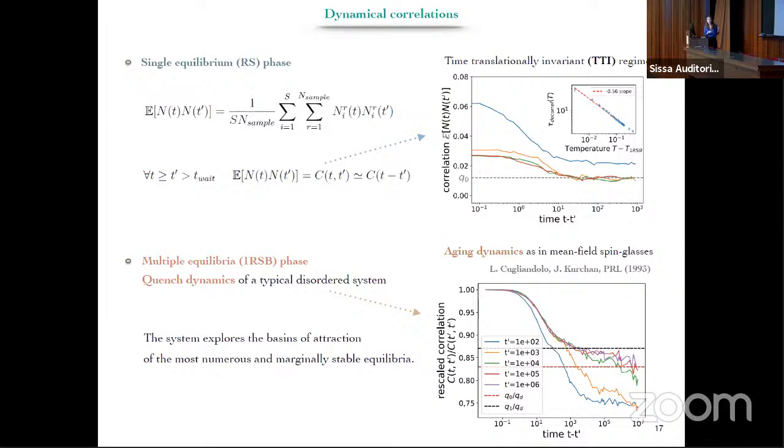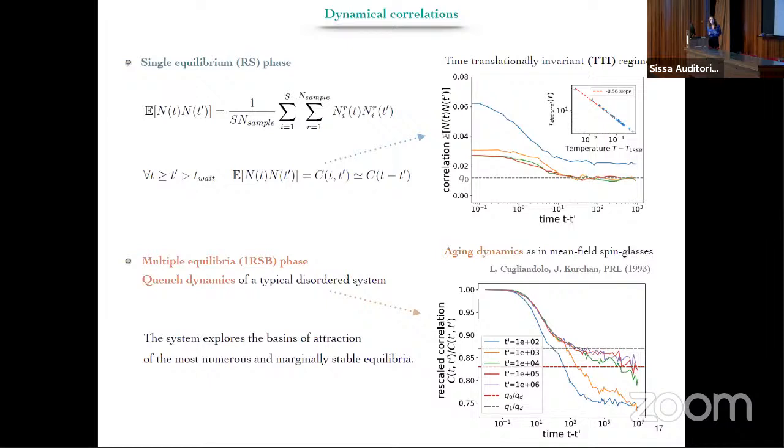What we highlighted is that in the single equilibrium phase, for T greater than T weighting, the dynamical correlators satisfy a time translational invariant property, meaning that they do not depend separately on the two times t and t prime, but just on the single time scale t minus t prime. If you plot the different dynamical correlators at different t primes, all curves collapse to the same value, which is a theoretically predicted value within the replica method. All curves collapse to this q0 value, which basically describes the size of the basin of attraction.